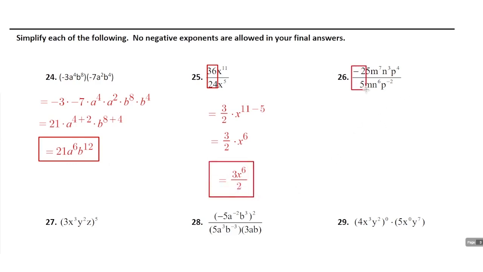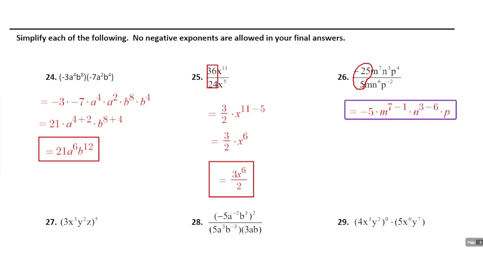Number 26, we've got negative 25 over 5 here. Okay, negative 25 divided by 5 is going to be negative 5. Then m to the 7th divided by m to the 1st would be m to the 7 minus 1. Then I have my n's, n to the power of 3 minus 6. Then I have my p's.